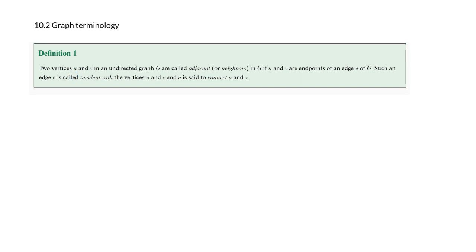So imagine U and V are vertices of an undirected graph G. They are called adjacent or neighbors if they are endpoints of an edge E. Let me draw an example here.